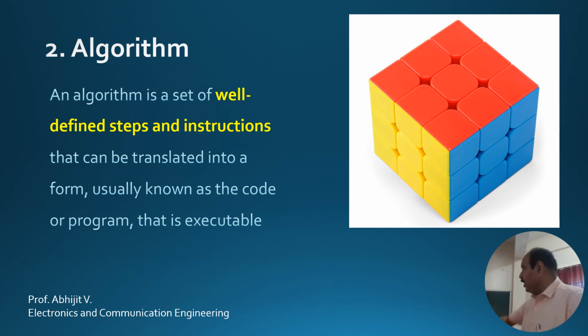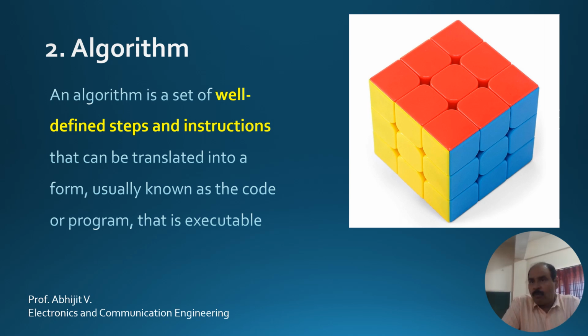So the theoretical and technical definition is given here. An algorithm is a set of well-defined steps and instructions that can be translated into a form usually known as a code or a program which can be executable. So when you are given a problem and you are asked to solve this using computing methods, the first thing we'll be doing is writing down its algorithm.